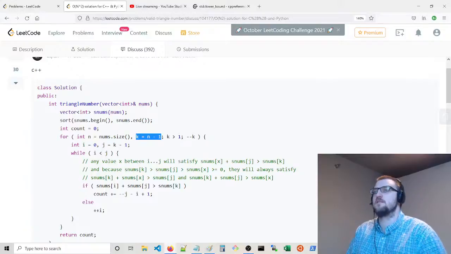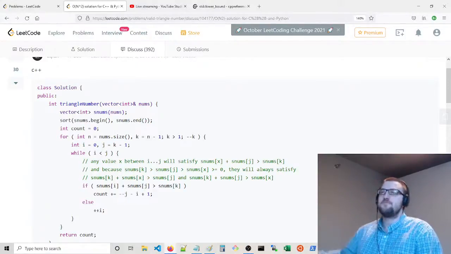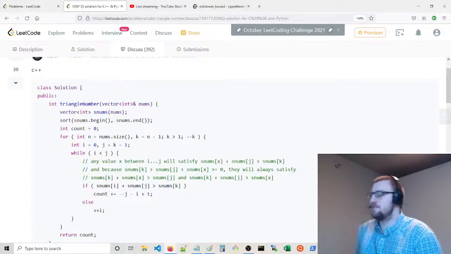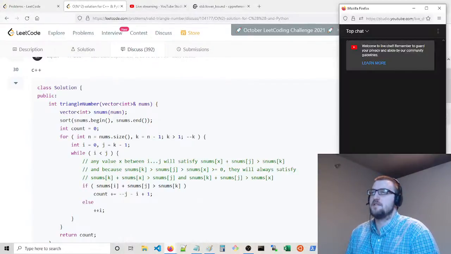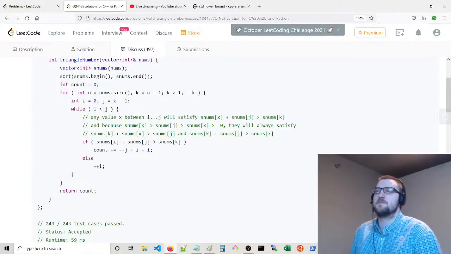Okay, interesting. So n equals nums.size, k is n minus 1. Int i equals 0, j equals k minus 1, while i is less than j.